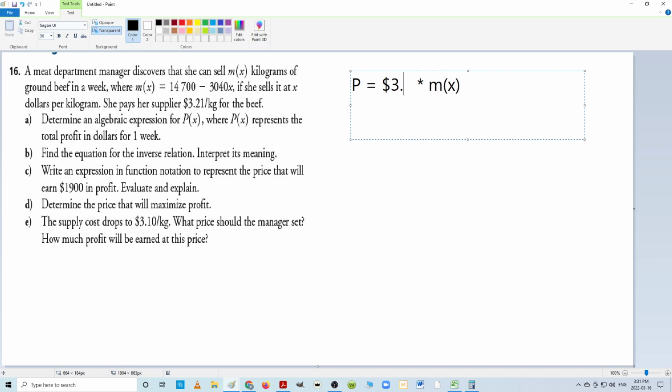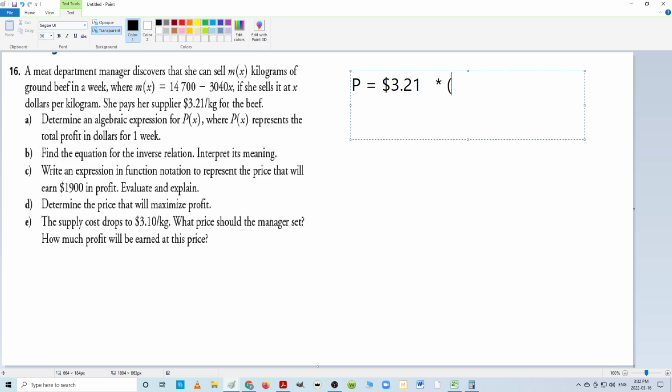She also determined that she pays $3.21 per kilogram. So that's money per kilogram that she sells at x dollars per kilogram, but she's buying it from her supplier for that much.